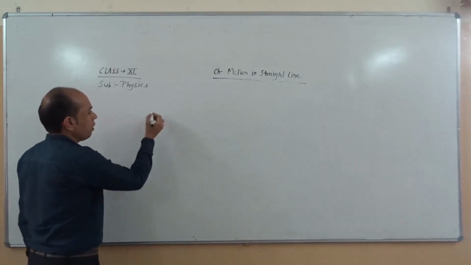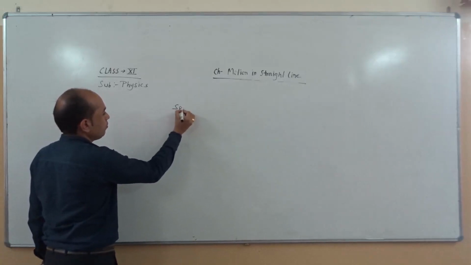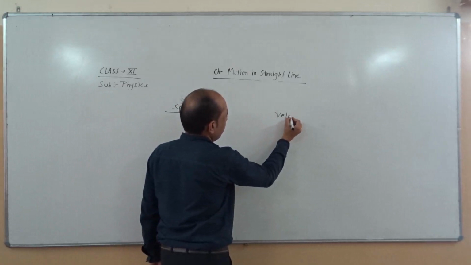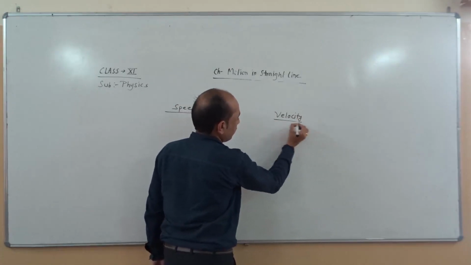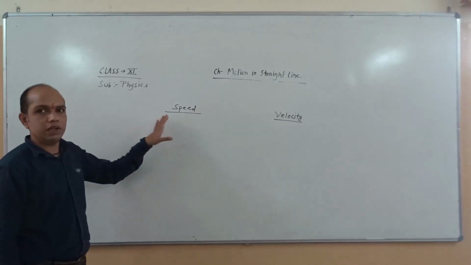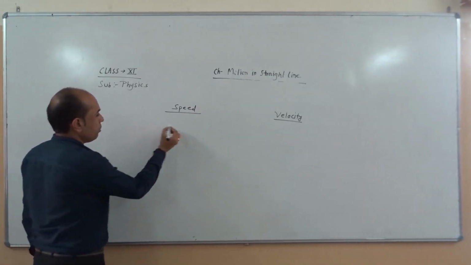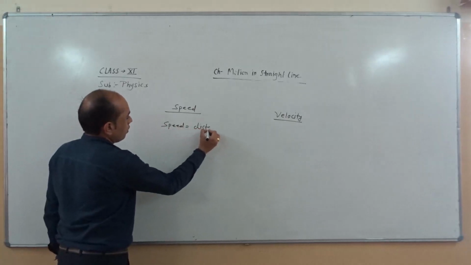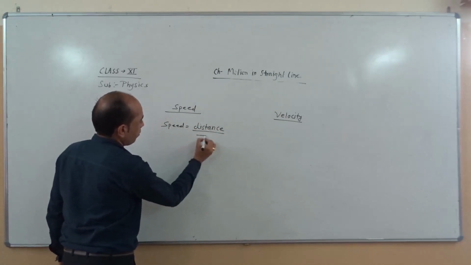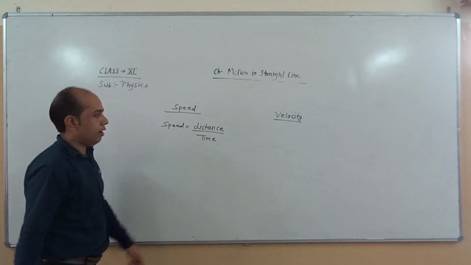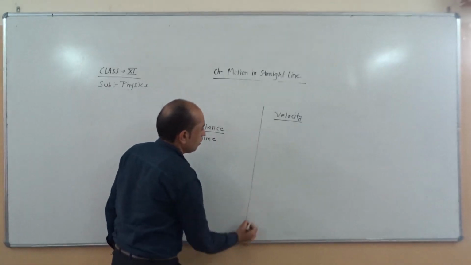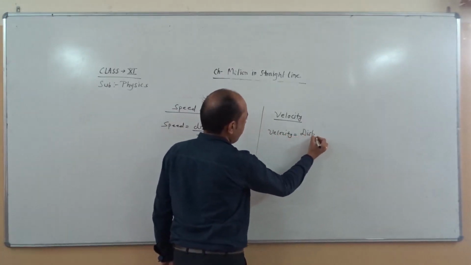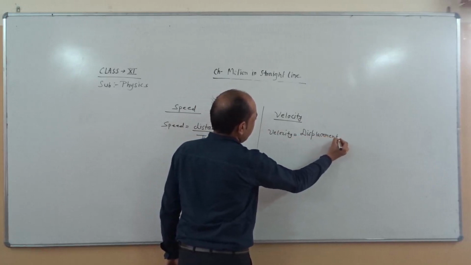Next we come to other physical quantities, speed and similarly velocity. So we have two terms, speed and velocity. Speed is defined by distance upon time, and velocity is defined by displacement upon time.